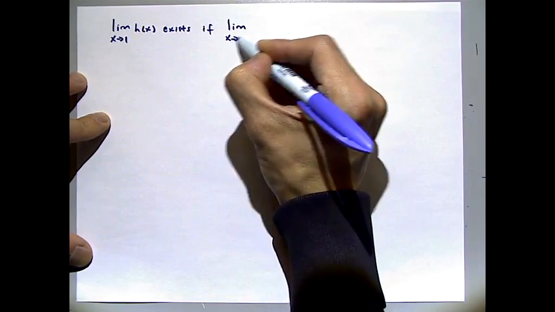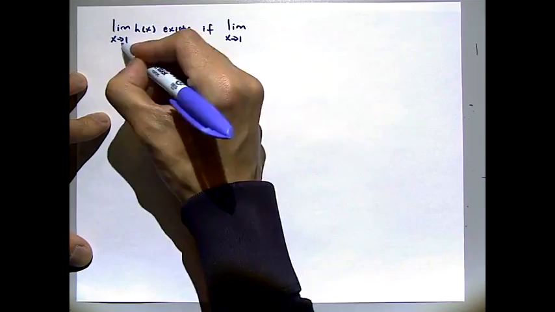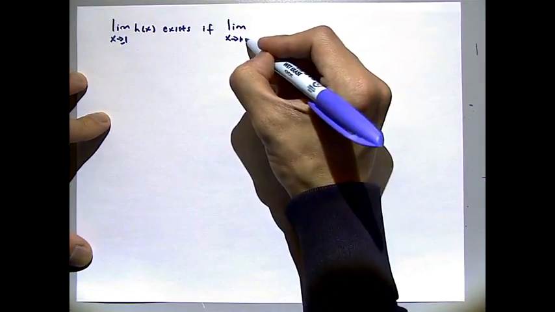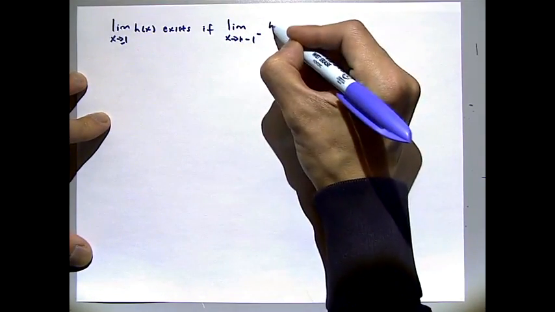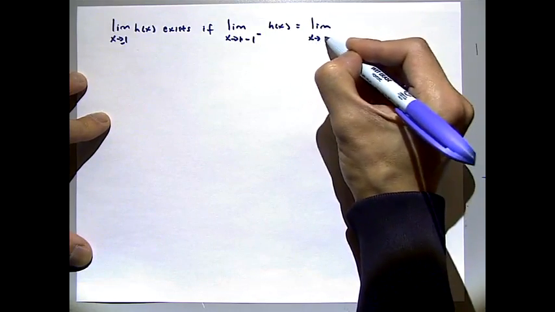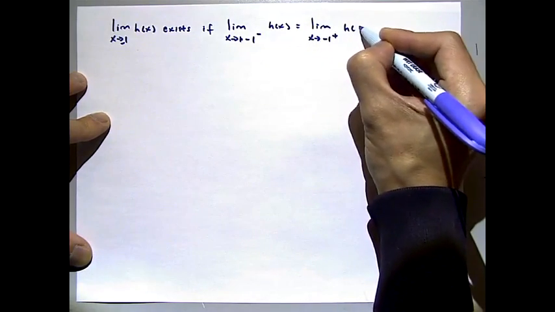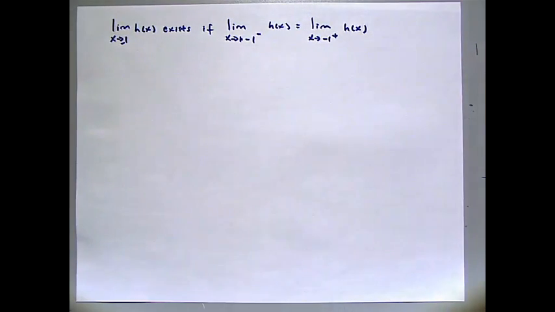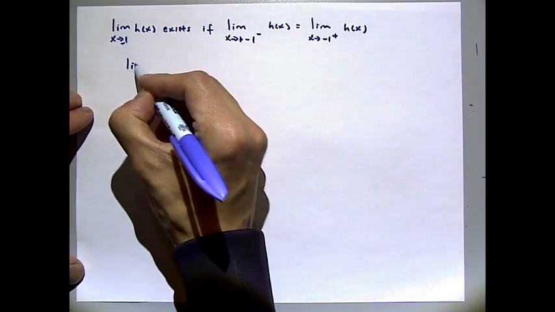If the limit from the left is equal to the limit from the right, okay, I check the limit from the left.